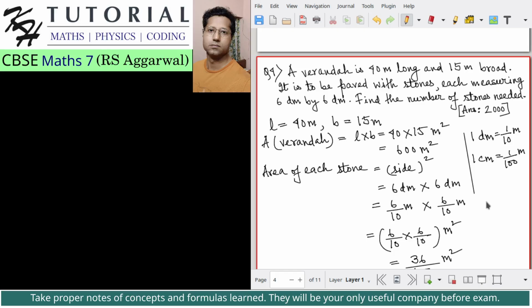It is given 1 meter square is equal to 100 dm square. So definitely it means 1 dm square is equal to 1 by 100 meter square. So this is correct.